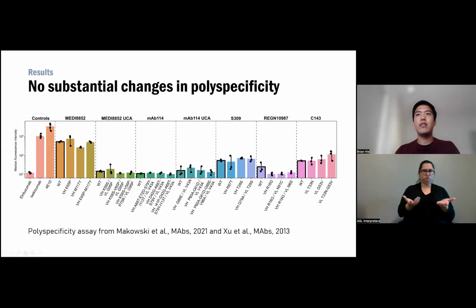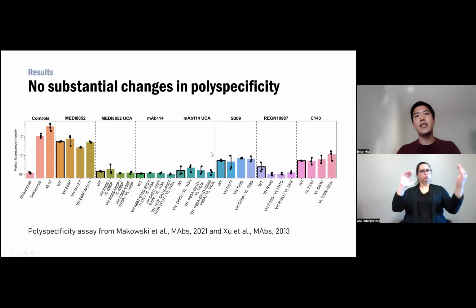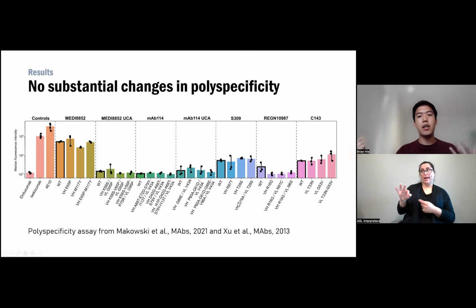Maybe these Regeneron variants are actually improving specificity, and maybe there's a little bit of an increase here, but not significantly so. Ultimately we are screening these variants against complex antigens, so if it's acquiring specificity to complex antigen, hopefully that also translates into better polyspecificity.